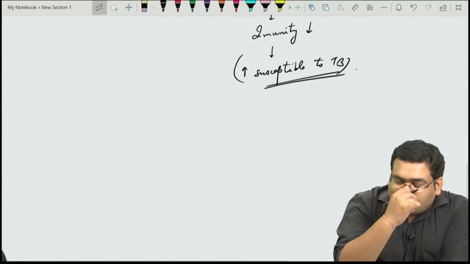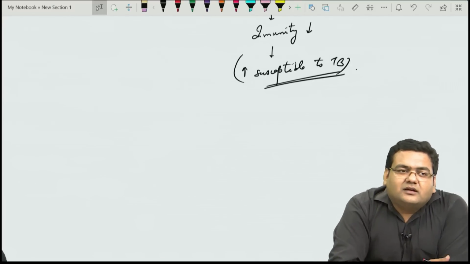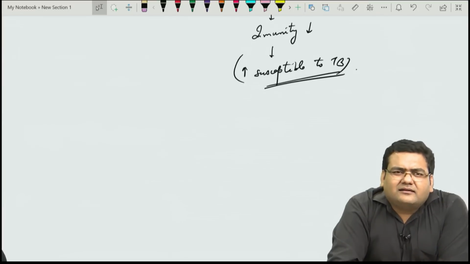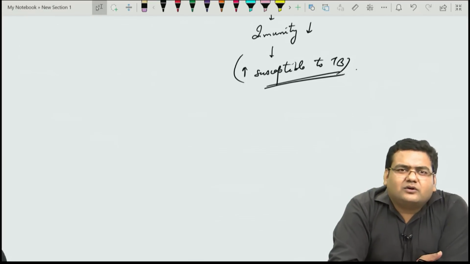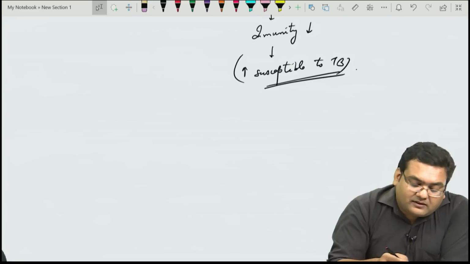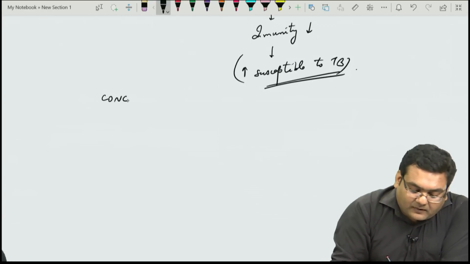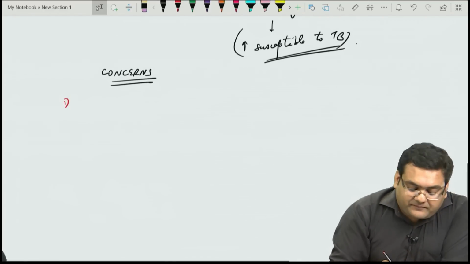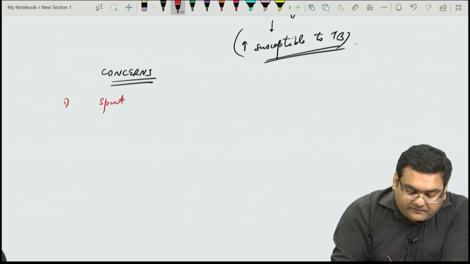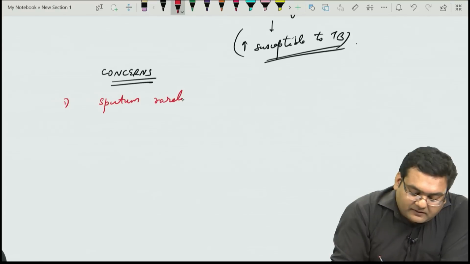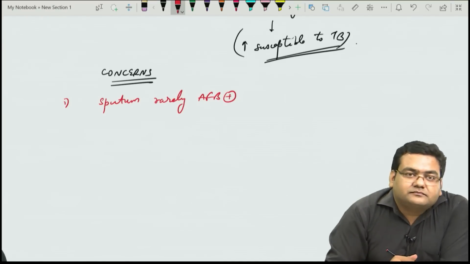What are the doubts which are compelling that silicosis and tuberculosis are two different entities and not together a same entity? Concerns. First important concern was the sputum of such patients is rarely found to be AFB positive.